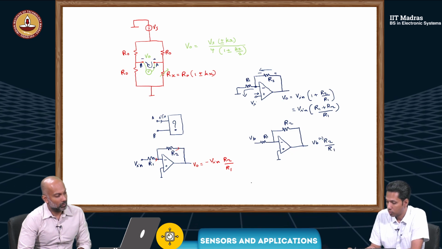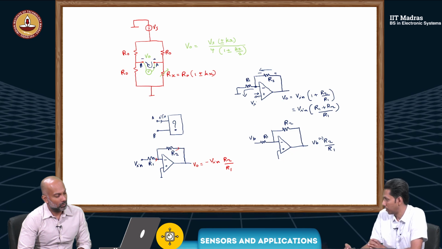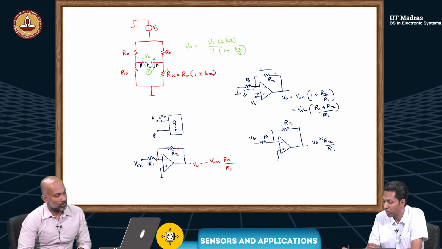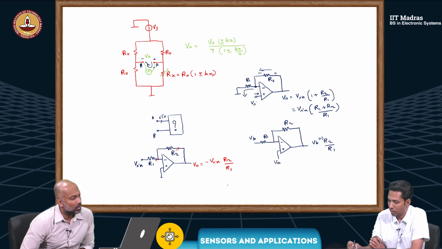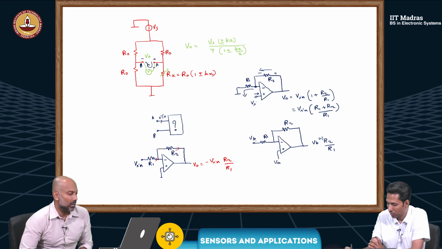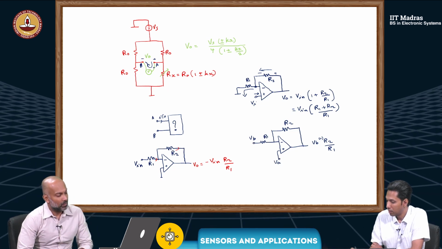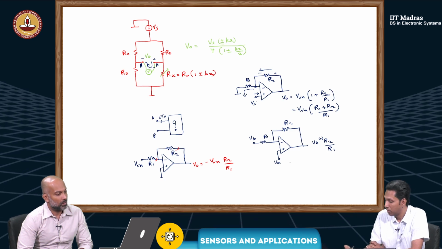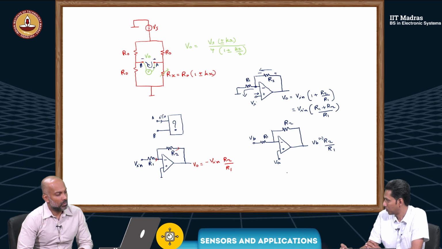Now, this terminal, instead of grounding, suppose I give another voltage VA instead of grounding. Then I'm going to get some output due to VA also.